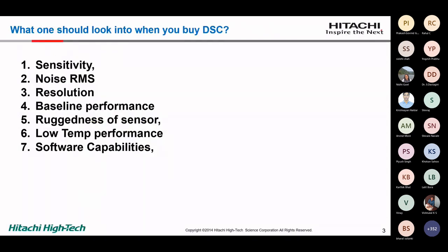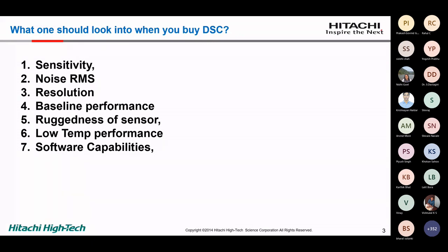Whenever someone is buying a DSC, differential scanning calorimeter, what should he look into? He should look into 7 important specifications or features embedded in the instrument. What is the sensitivity? What is the noise of the instrument? Noise multiplied by 2 is the sensitivity of DSC. What is the resolution of the equipment?